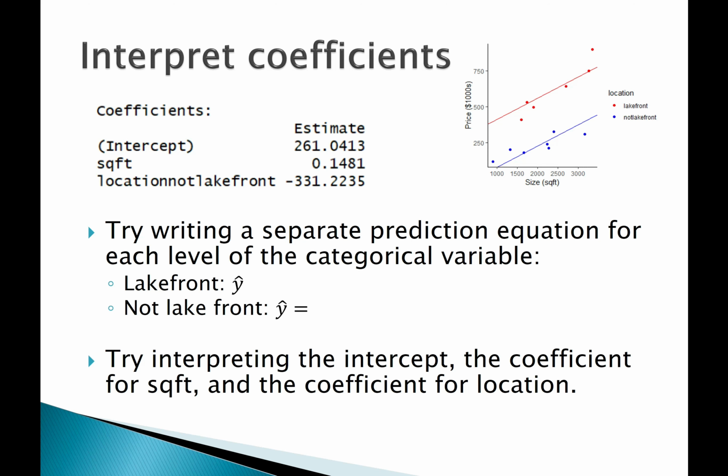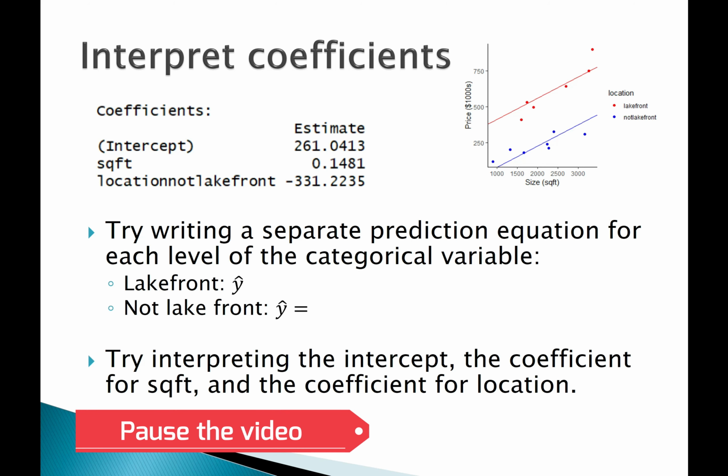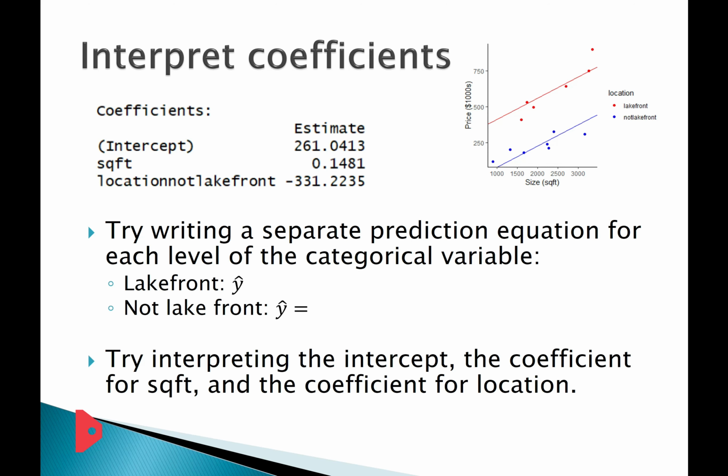Remember, the intercept is the predicted value when everything is 0. What does that mean in this context? And slopes usually tell you the predicted change in y for a 1 unit change in x. What does it mean to have a 1 unit change in x now that we have these new indicator variables? So go ahead, pause the video right there, pull out some scratch paper if you want to, and see if you can answer these questions.